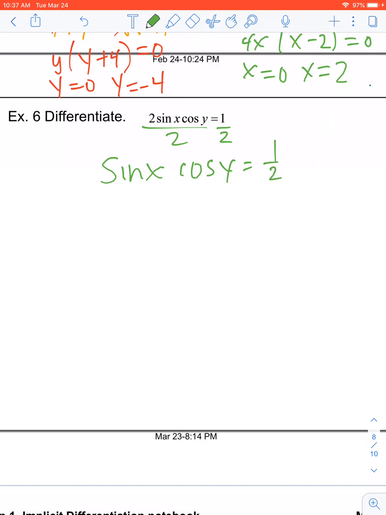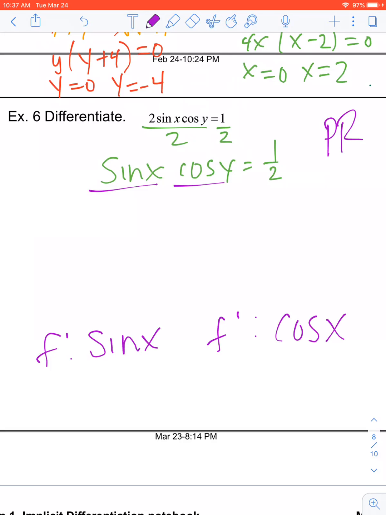Okay. Did you catch it? What am I going to have to use? I'm going to have to use product rule in order to differentiate. Why? Because I'm taking the sine of x times the cosine of y. So some scrap work that I will erase. f is sine x, so f prime is the cosine of x. And be careful with your variables. This is not the cosine of x, it's the cosine of y.